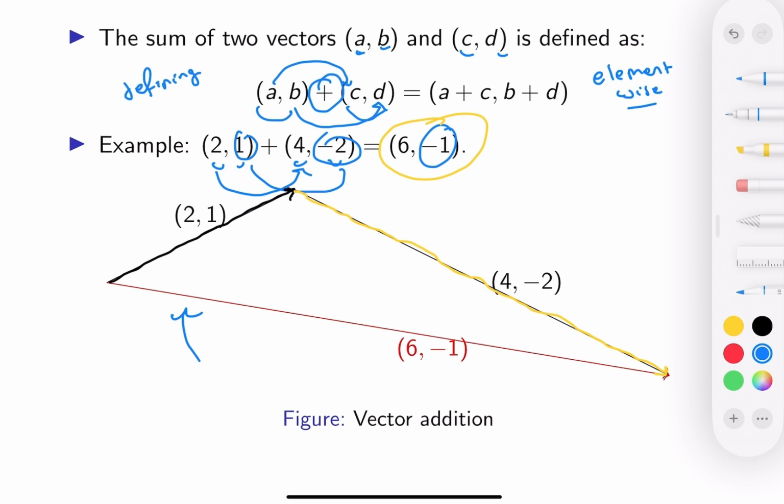So this is the way of adding two vectors. Now you don't need to know what is happening geometrically at the moment, but it's nice to know. All you need to know is that we're defining addition in such a way that we add the first component to the first component and the second component to the second component. Now, if I ask you, what does it mean to multiply two vectors?